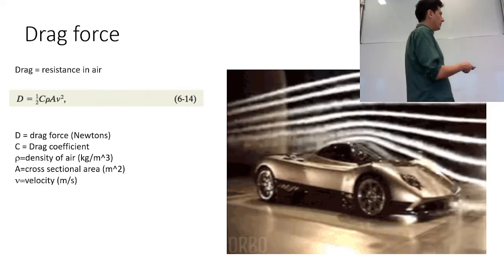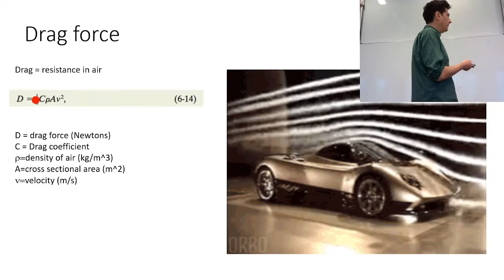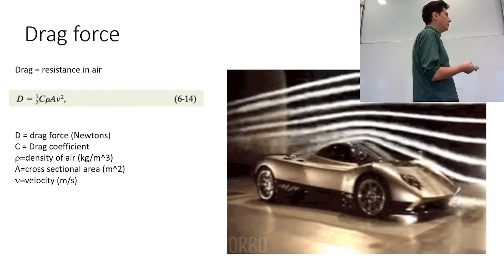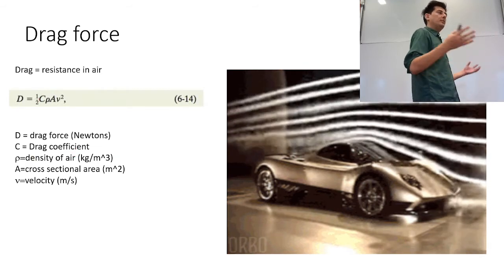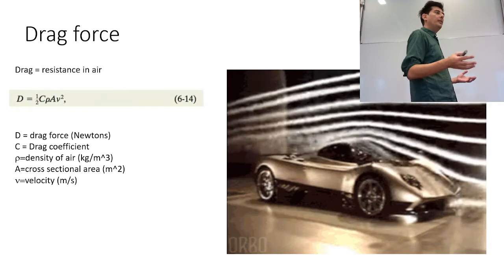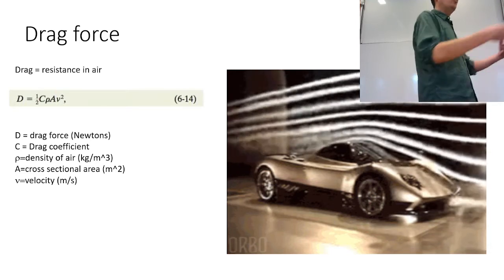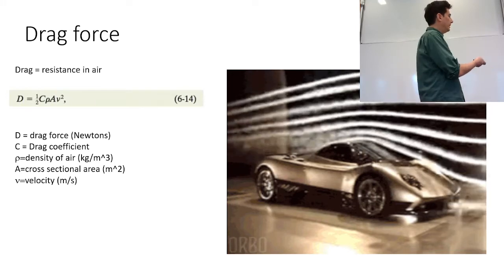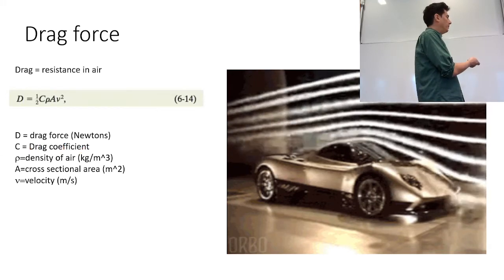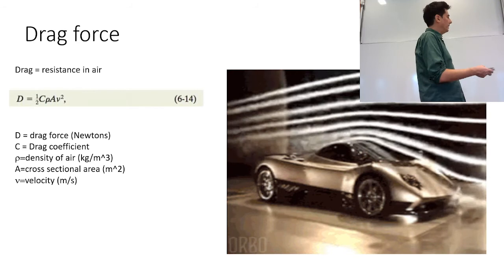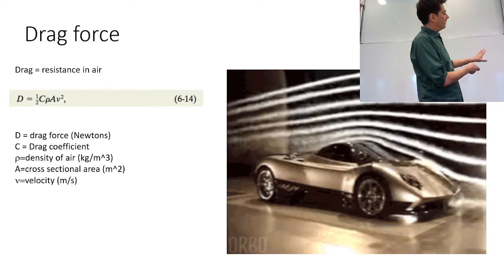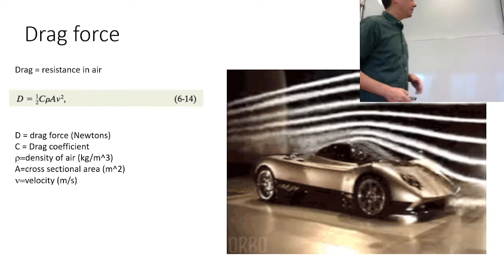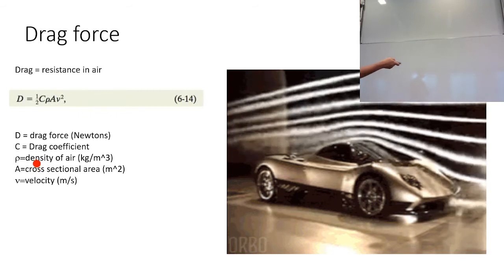Okay, so the coefficient here is this C, some kind of coefficient. The more viscous the fluid that you're going through is, like if you're going through water as opposed to air, of course the drag force is much more, so that's where this coefficient will be different. But here we're talking mainly about gases. So rho is the density of the air.